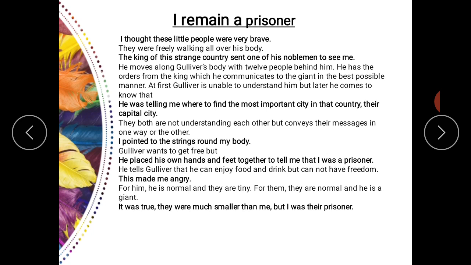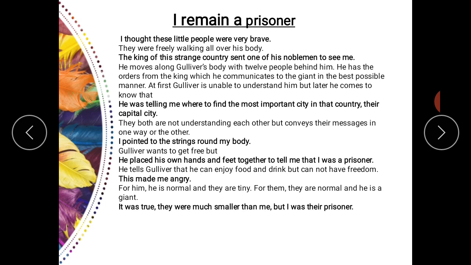The king of this strange country, what was the name of that country? Lilliput, sent one of his noblemen to see me, to see Gulliver. He moves along Gulliver's body with 12 people behind him, just to guard him. He has the orders from the king, which he communicates to the giant.